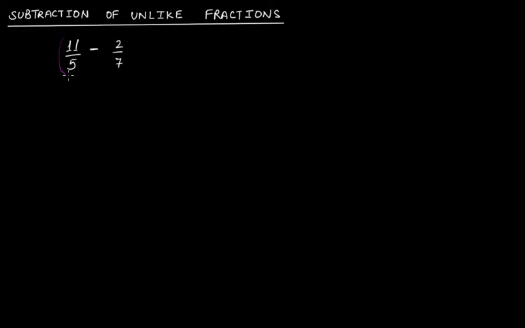We have to find the equivalent fraction of this one and the equivalent fraction of this one in such a way that the denominators should be the same. Doesn't matter what the numerator is, the denominators should be the same.